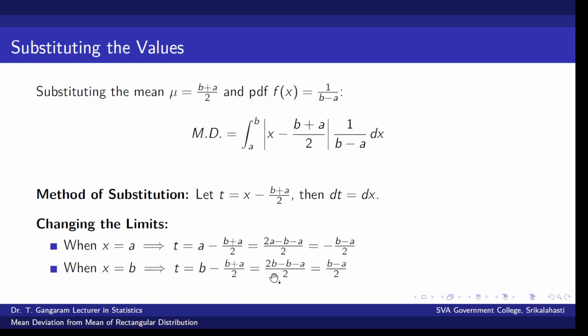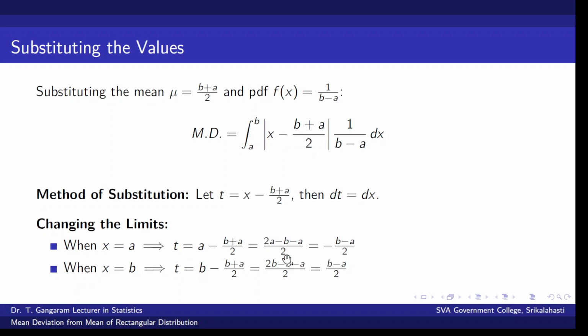When x is equal to b, t is equal to b minus (b plus a) by 2, which is (b minus a) by 2.